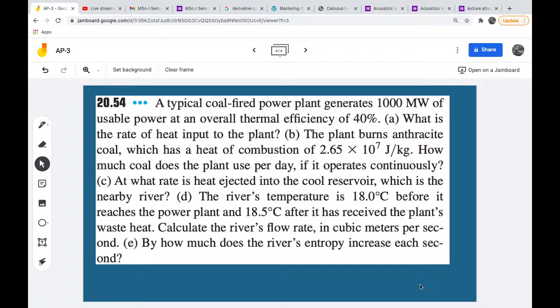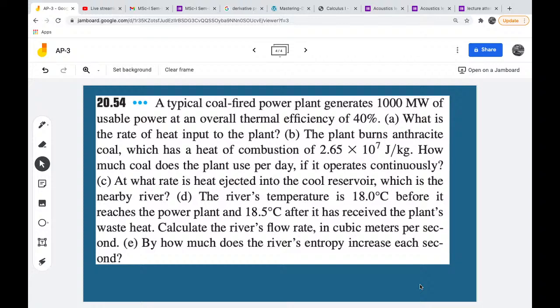What is the rate of heat input to the plant? The plant burns anthracite coal, which has a heat of combustion of 2.65 into 10 power 7 joule per kg. How much coal does the plant use per day if it operates continuously?